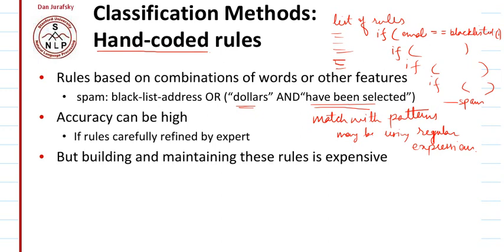Or we can also do some kind of if-else nesting, and then finally arrive at whether the particular piece of text is a spam or not, right? And the accuracy here is quite good, but the problem with these rule-based methods is that these are very expensive to build and maintain.